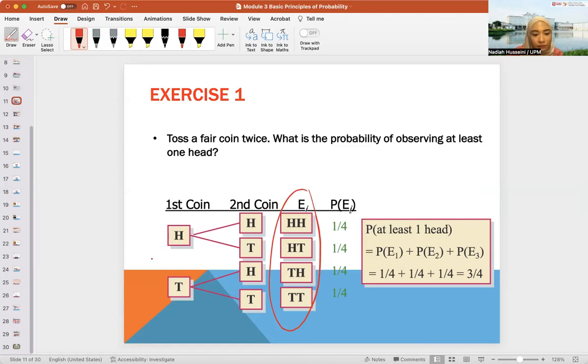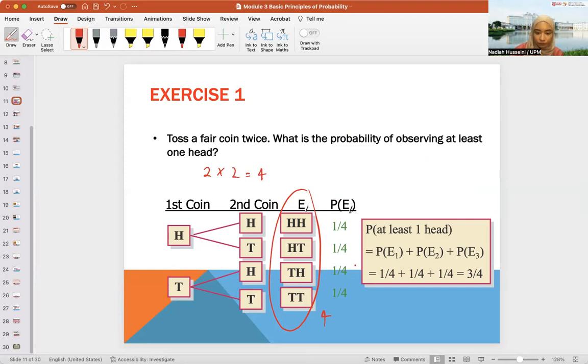The first coin, you can either get a heads or a tail. The second coin, you either get a heads or a tail. Using the product rule, that was 2 times 2 equals 4. And indeed, when you list it out manually, you do get 4. So the product rule is legit.